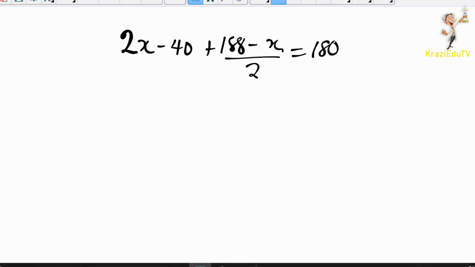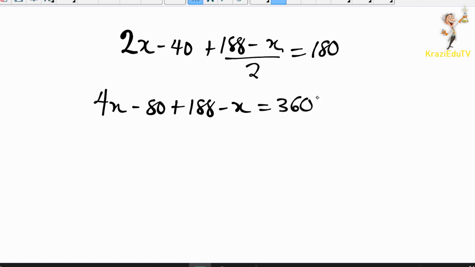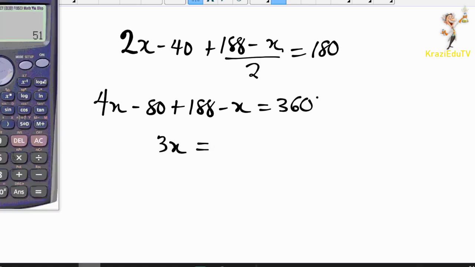For me, I will just multiply through by 2. So what do I have? 4x minus 80 plus 188 minus x equals 360. Now 4x minus x gives me 3x, and then I take all my numbers to the other side, which gives 360 plus 80 minus 188. And that gives us 252.